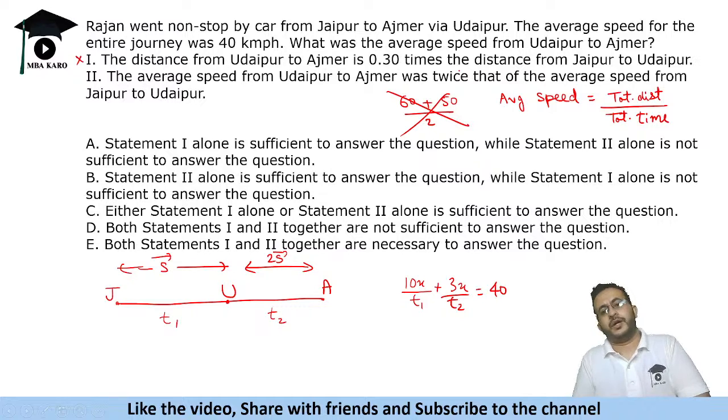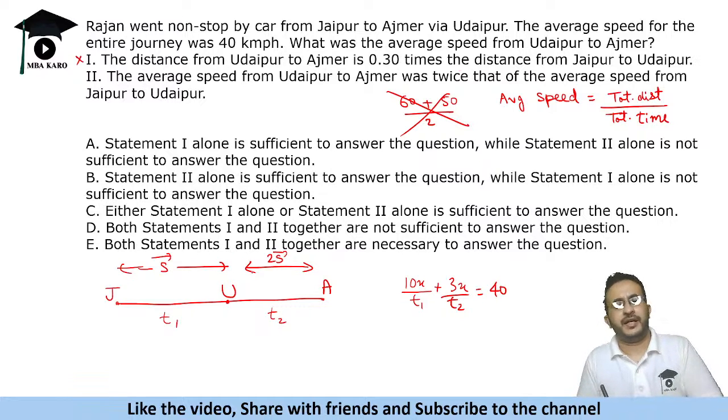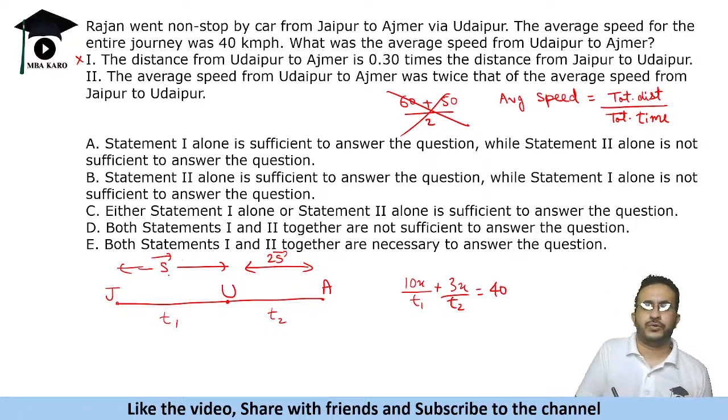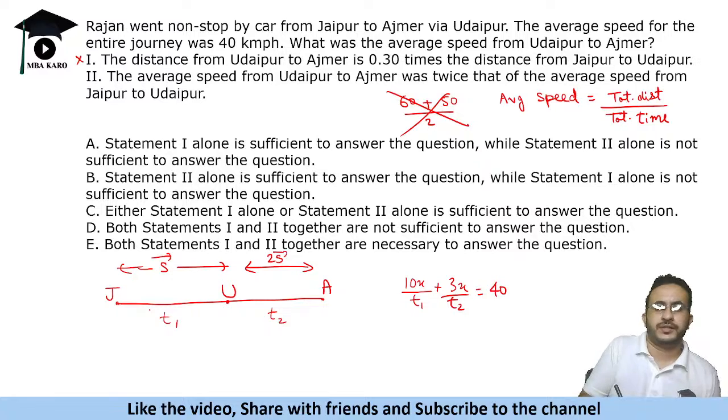Now can we find the average speed from this? Average speed is total distance upon total time. Can we uniquely find the total distance? If we use the second statement, this speed is s and time is t1, and this is 2s and time is t2.